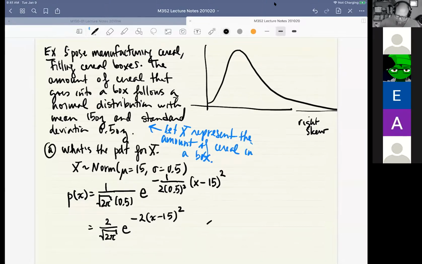Now in R, if I wanted to calculate with this PDF, I would use the dnorm command. In this case, it would be dnorm x, then it wants mean equals 15, comma, standard deviation equals 0.5. So that's how I could compute values of the probability density function.